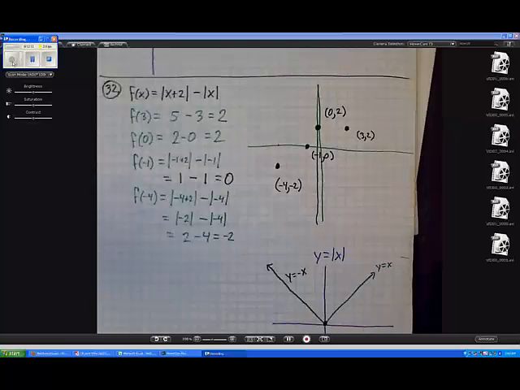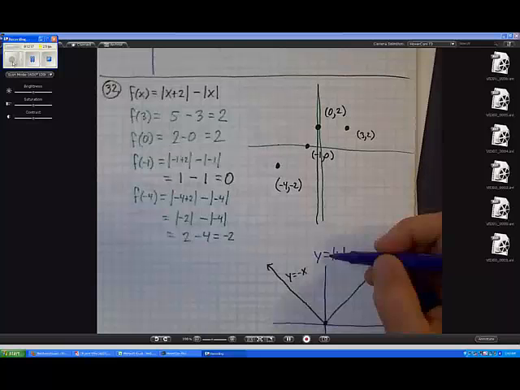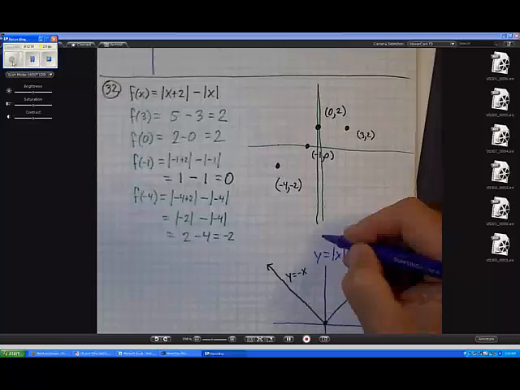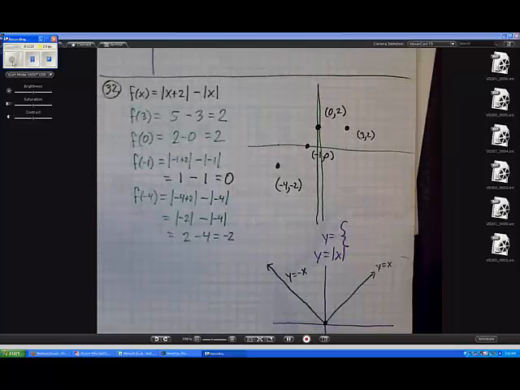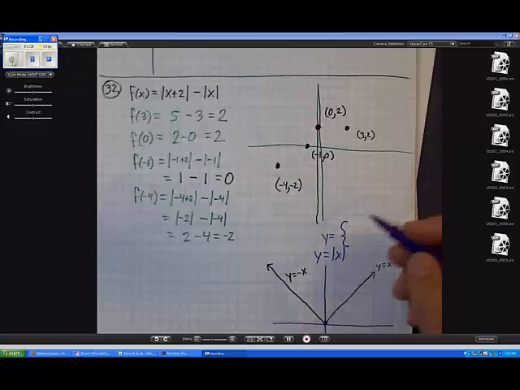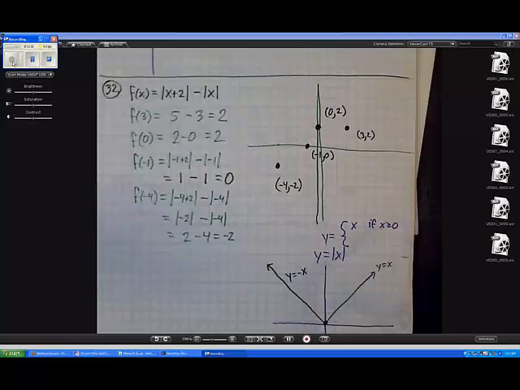And so what you should know is that there's another way to write y equals absolute value of x, and that is to define it piecewise. Now, we've done this before in the course. Y equals x if x is positive or equal to 0.